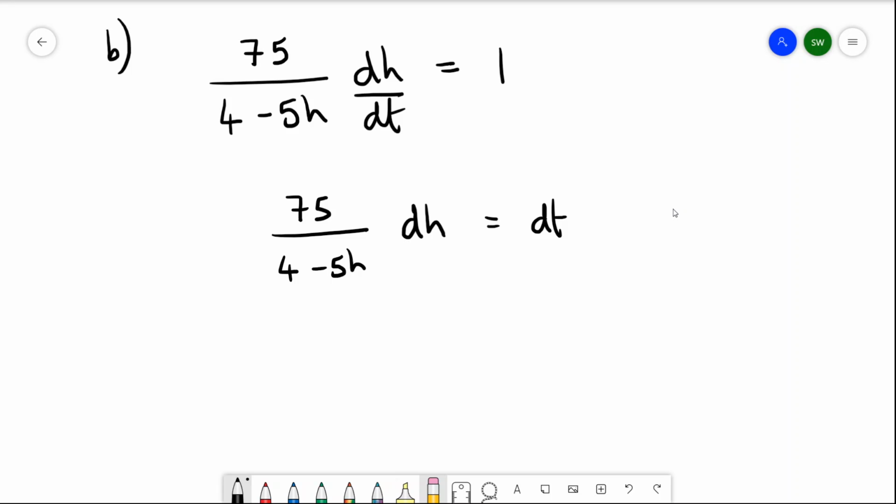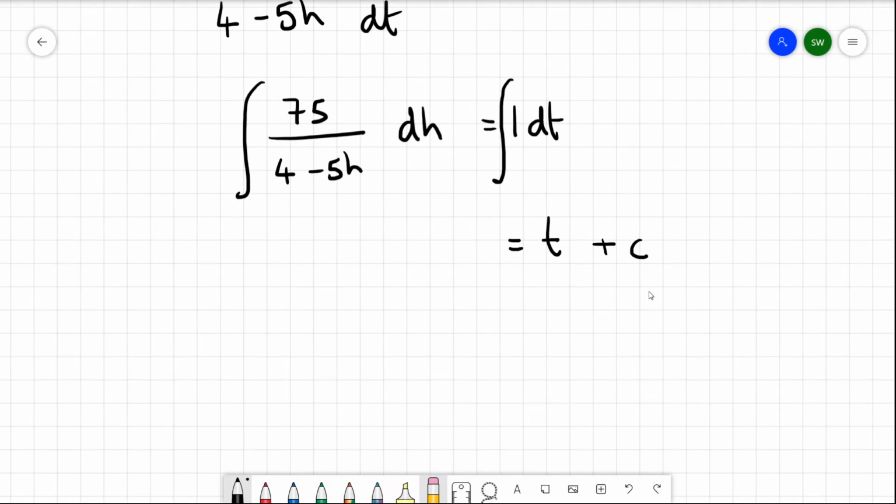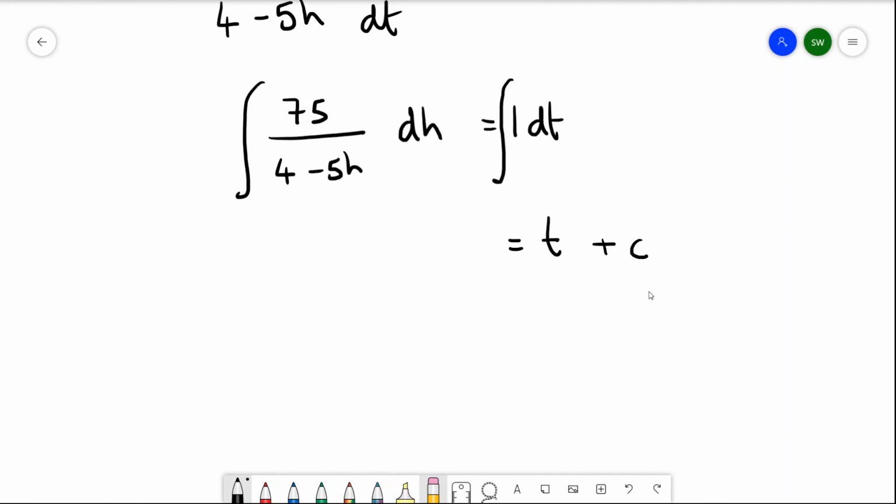So really I've got 1 dt there. So now we can integrate both sides. On the right hand side, if I integrate 1 with respect to t, I'm going to get t plus a constant of integration. And on the left hand side, we can do this by using a substitution.